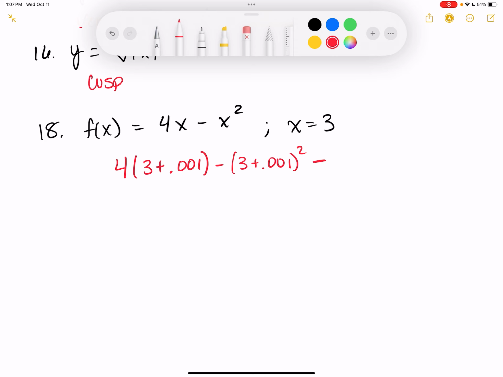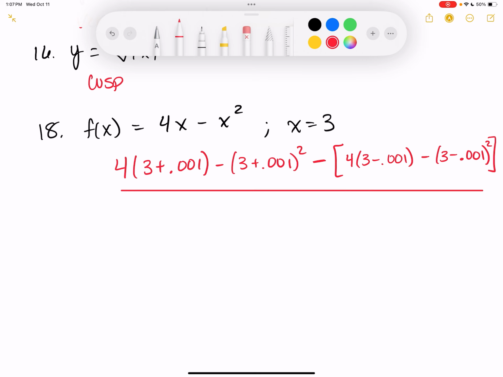Now minus, and because there's two terms, I would bracket it off. 4 times 3 minus 0.001 minus parentheses 3 minus 0.001 squared, all over 0.002.